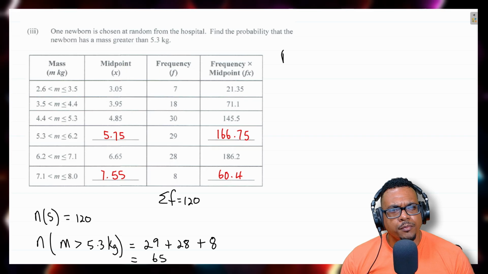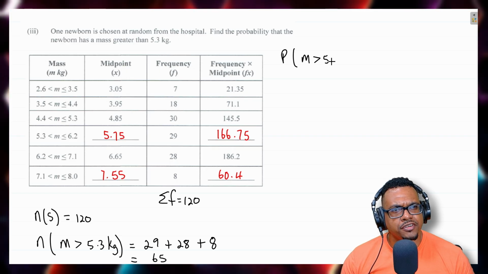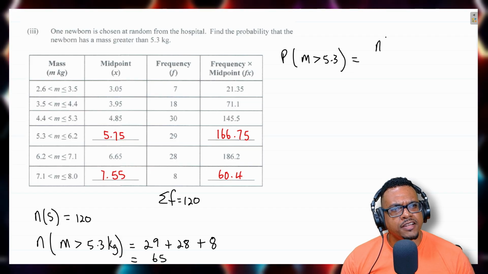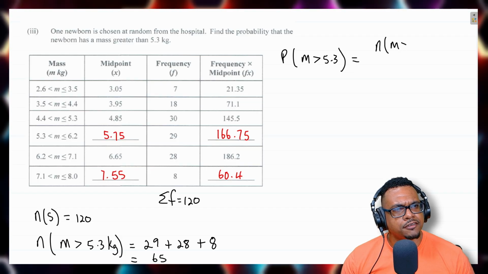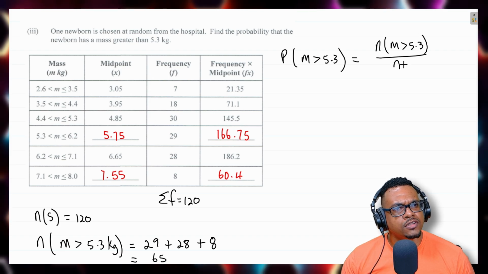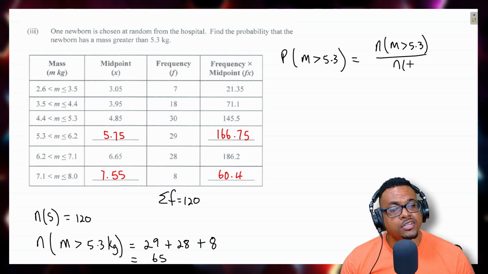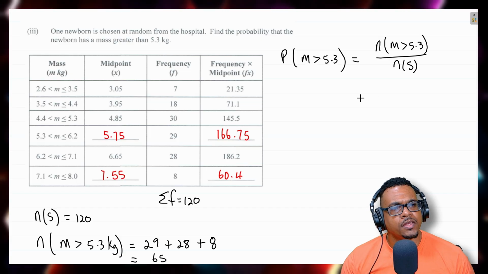So now the probability of a newborn having a mass greater than 5.3 kilograms is equal to the number of elements in the set, mass greater than 5.3, over the total number of newborns, which is the total number of elements in the sample space.